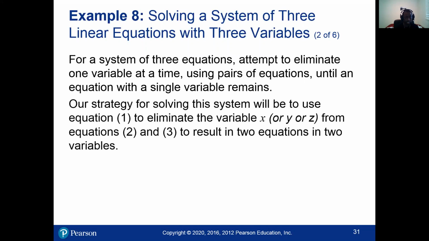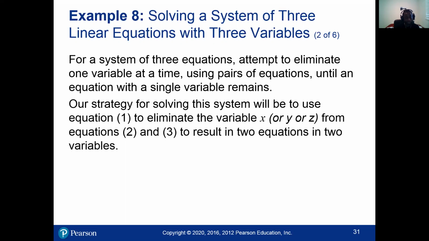Our strategy for solving this system will be to use, say, equation 1 and compare it to equation 2 and eliminate x, or we can eliminate y, or eliminate z, depending on which one is easier. So we compare equations 1 and 2 and eliminate x from it, and compare equations 1 and 3 and eliminate x, so that it will result in two equations and two variables.